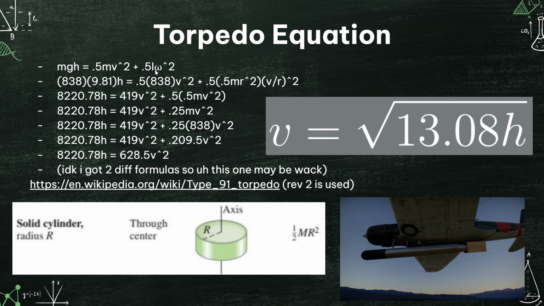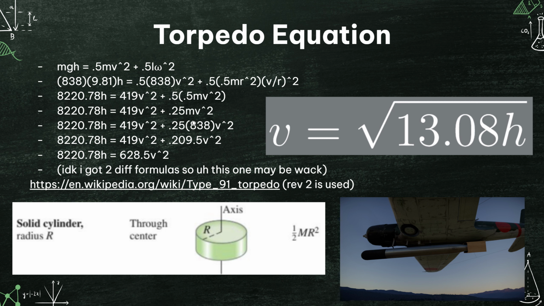So that means that omega can also be velocity divided by radius. So moving on to this line here, we just multiply these two numbers out, and there's an r squared on the top here, and then there's an r squared on the bottom here, so naturally they will cancel each other out, so you're just left with 0.5 m and then v squared.